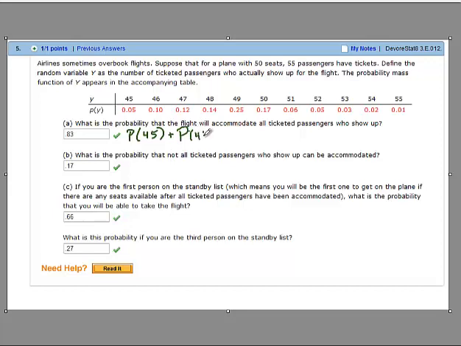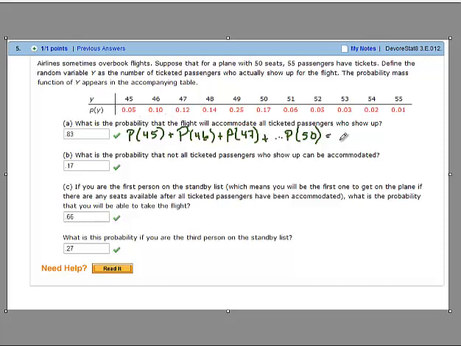Probability of 46 plus probability that 47 show up. And now notice this is 45 or, which is plus, or 46 or 47, and so on, until you get all the way up to the probability of 50. And each of these values is listed underneath here. I'm just going to add up those values, and I end up with what's sitting there.